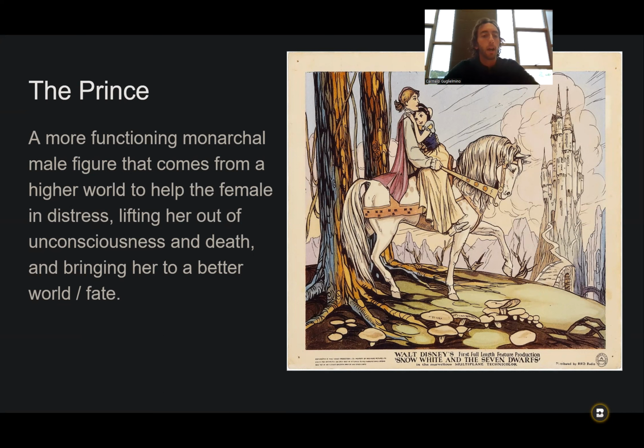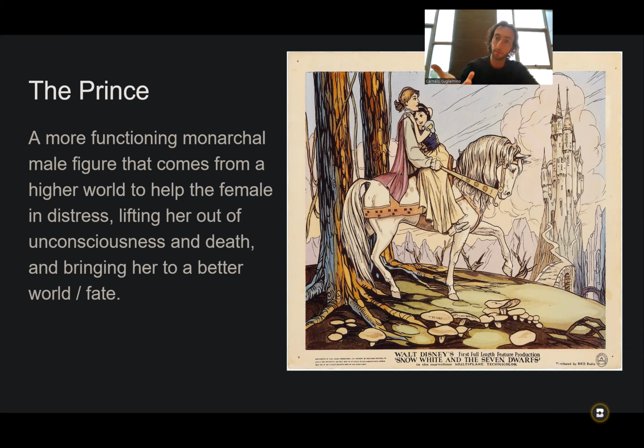Okay. A figure that comes from a higher world to help the female in distress. Coming from the higher world could mean a higher world religiously speaking, a spiritually higher world, like the prince is probably a symbol of Christ through the Christian lens. Or the prince could be just a symbol of the animus that is being integrated in the Jungian lens.